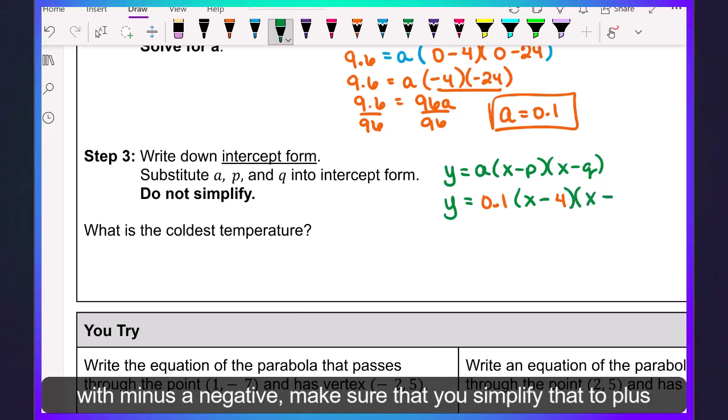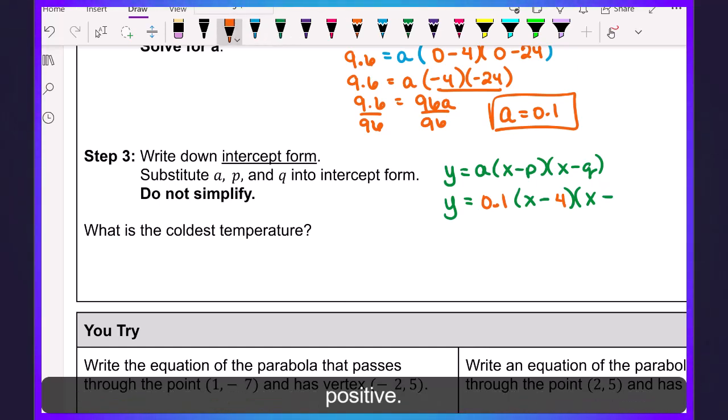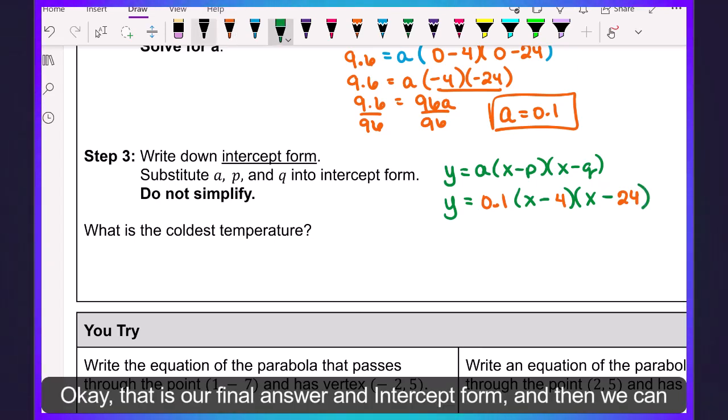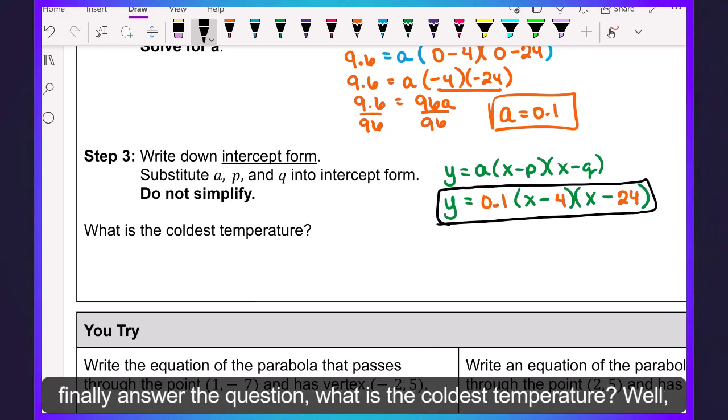Now, if you wind up with minus a negative, make sure that you simplify that to plus a positive. Okay, that is our final answer in intercept form. And then we can finally answer the question, what is the coldest temperature?